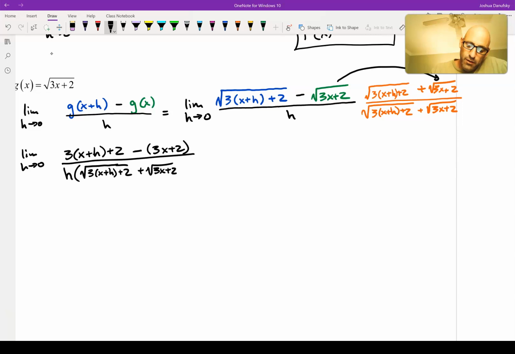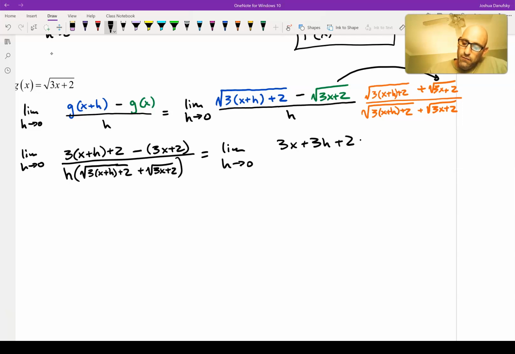Now you might be sitting there thinking, why isn't he distributing this 3 here and that 3 there? And I'm kind of with you on that. It's a little annoying to keep writing the parentheses. So we could have done that really way back at the beginning over here if you wanted to, but I didn't. So we'll just keep going like this. Let's see. So distributing that 3, we have 3x plus 3h plus 2.